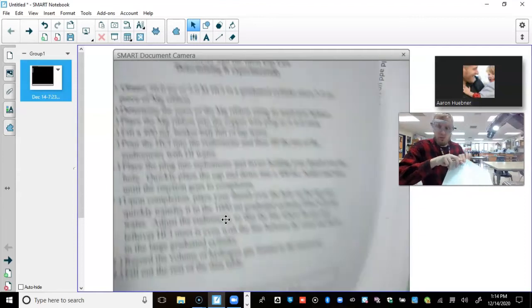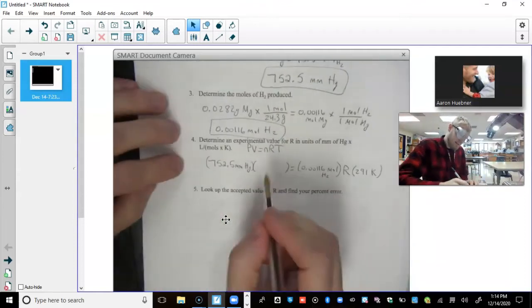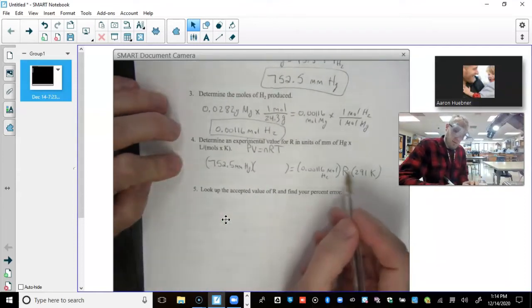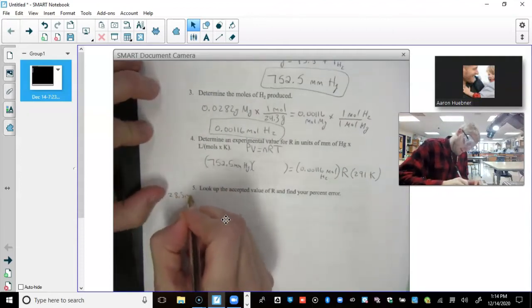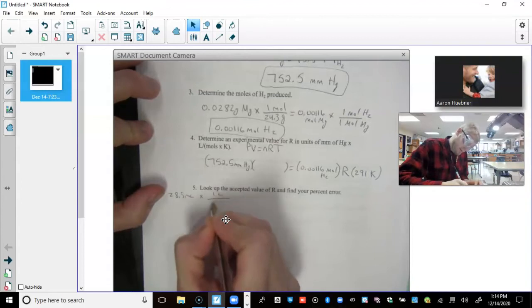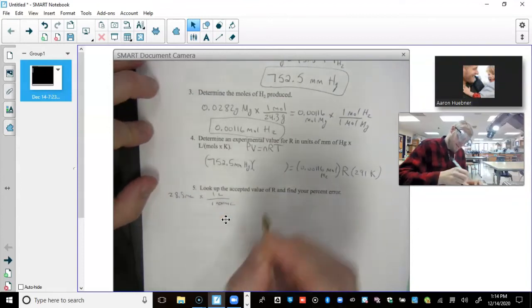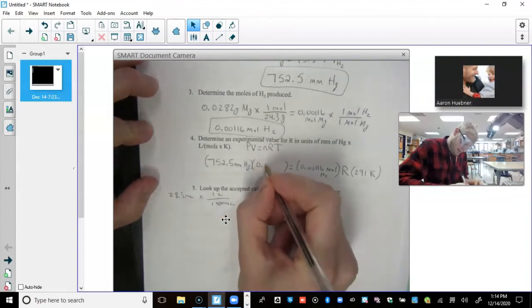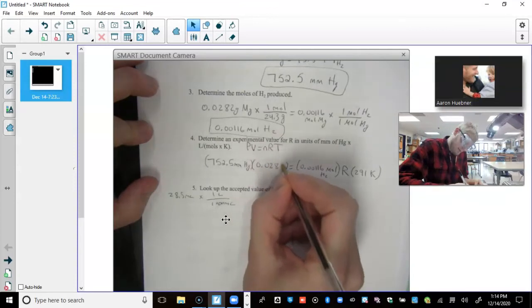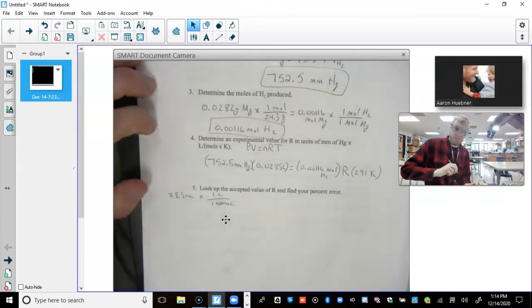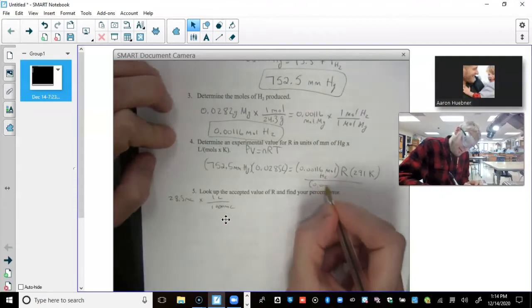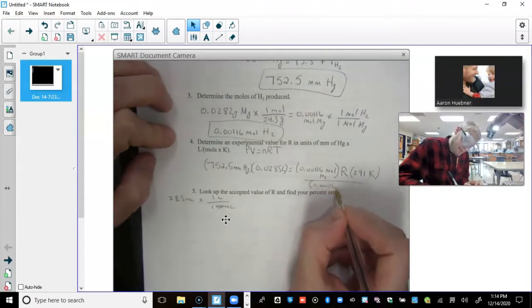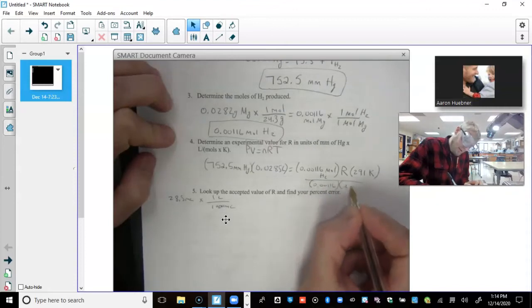But when we're doing this, we need to be in liters because that's what our R is in. So 28.5 milliliters times 1 liter over 1,000 milliliters is essentially going to be 0.0285 liters. All right. And then from here, we're going to divide both sides by 0.00116 and 291.